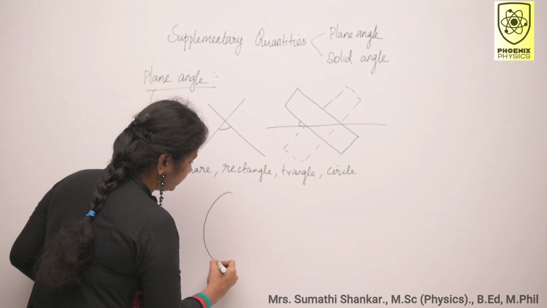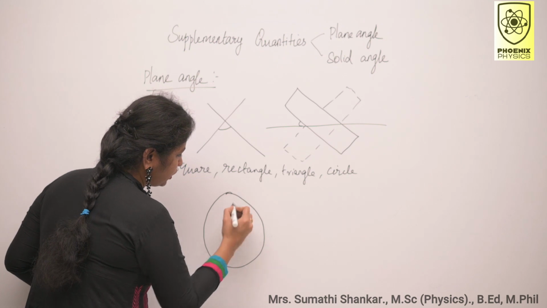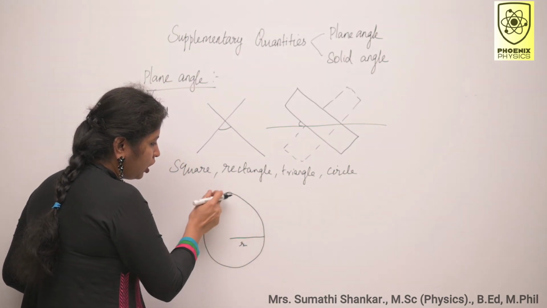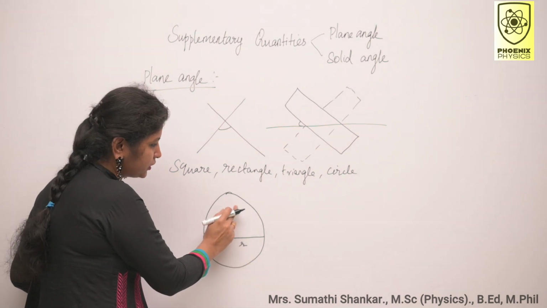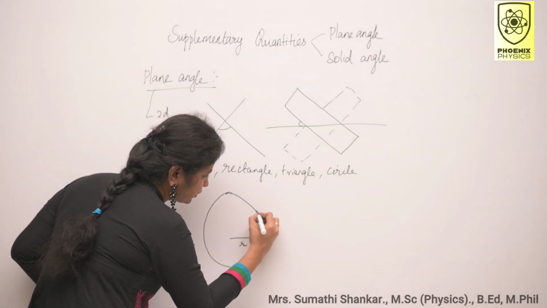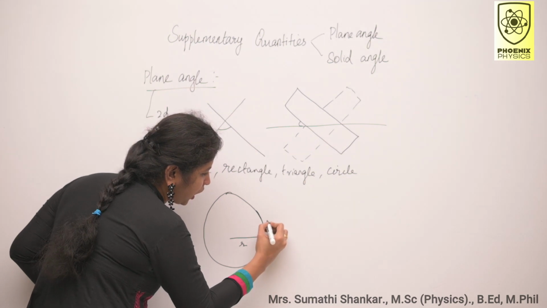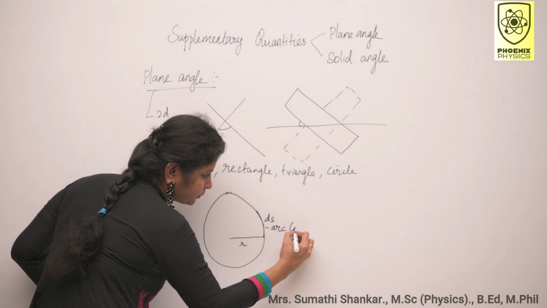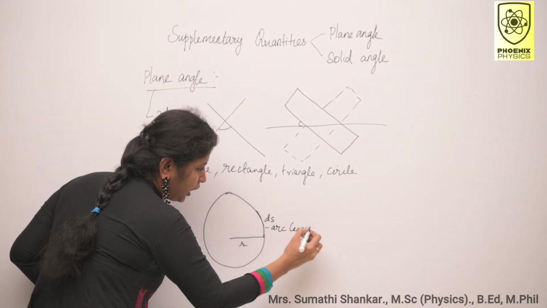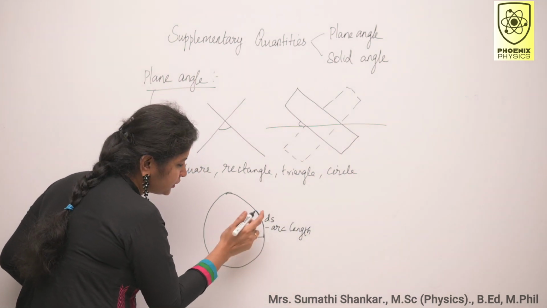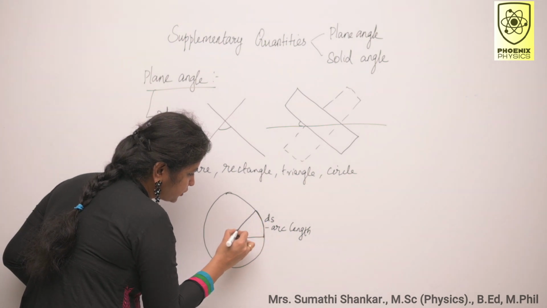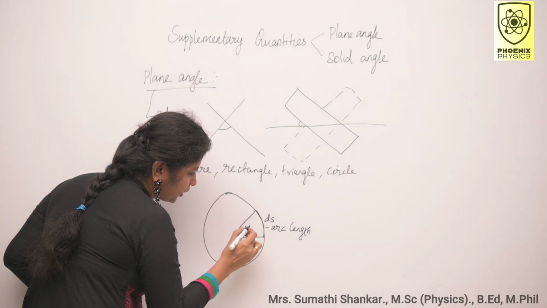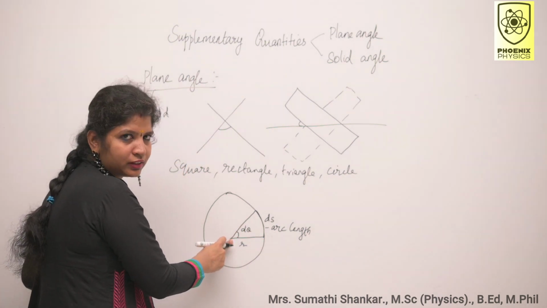Consider a circle of radius r. On the circumference of the circle, I am considering a small arc length ds. This is our arc length, and this arc length subtends an angle d theta at the center of the circle.